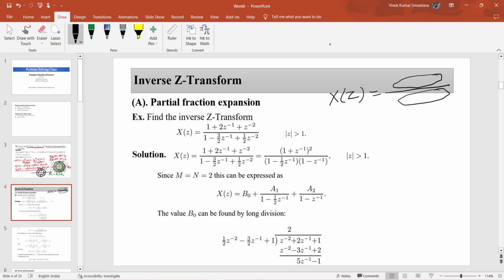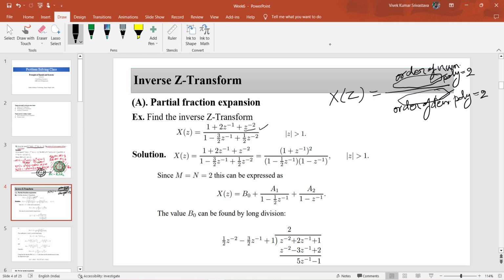For this problem, the order of the numerator polynomial is 2, whereas the order of the denominator polynomial is also 2. Order basically represents the highest degree of z.